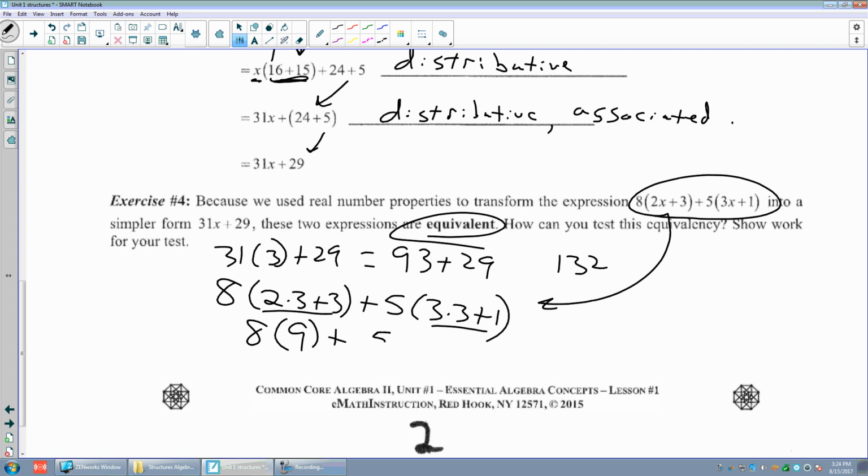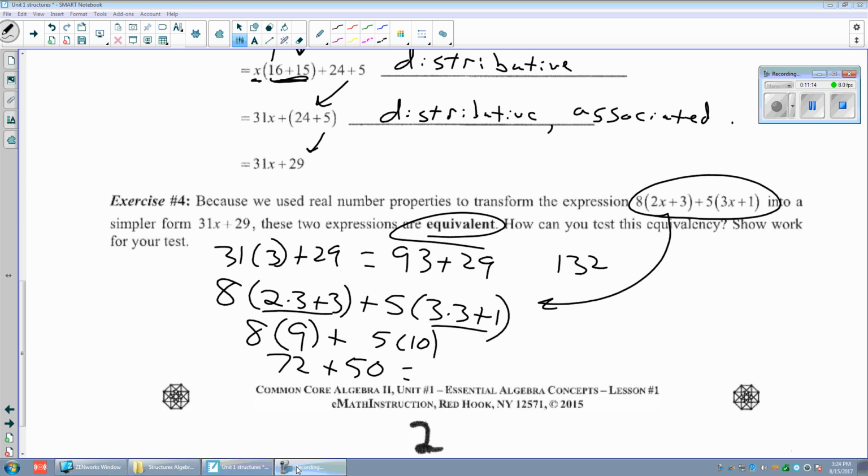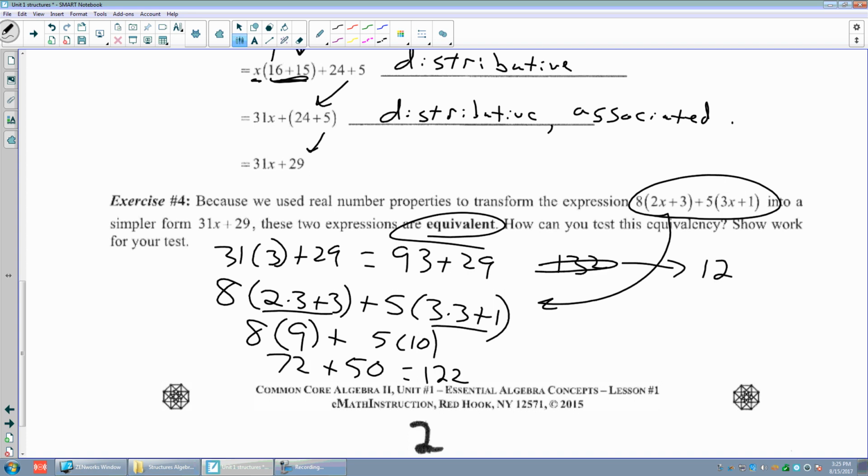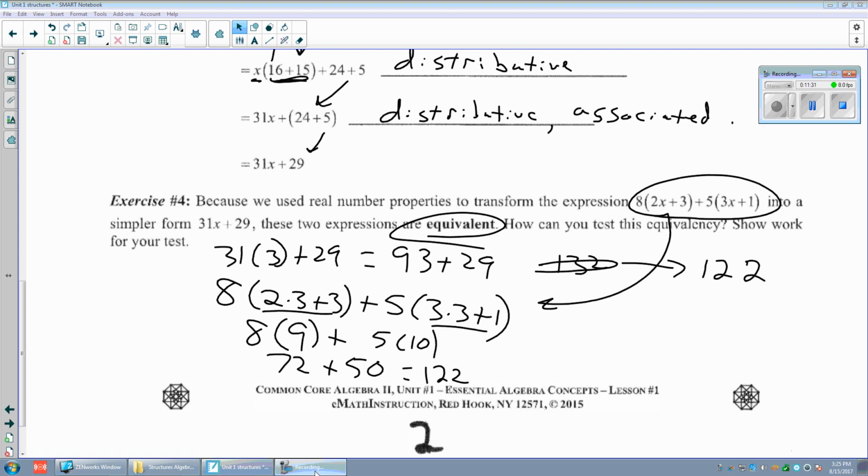So 5 times 10. We have 72 plus 50 is, did I do anything wrong? Yes, I did something wrong. So this is 122. You know, I think I did that before, last year. That's 122. Remember when I said check? Because it seemed just a little bit off in my mind. And so I did check it with a calculator, and ta-da.